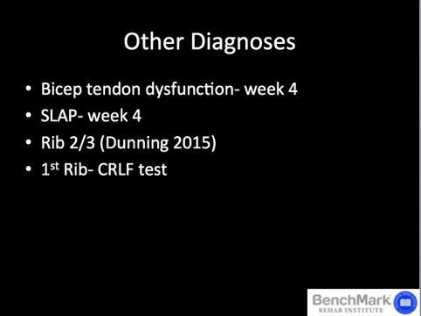They've cleared subacromial impingement through a negative Neers test, and palpation of rib 2-3 or rib springing there reproduced the patient's pain, and it was relieved with thrust there. And then you always want to make sure that you're ruling out first rib. Your CRLF test, cervical rotation lateral flexion test, is a good one to do that.